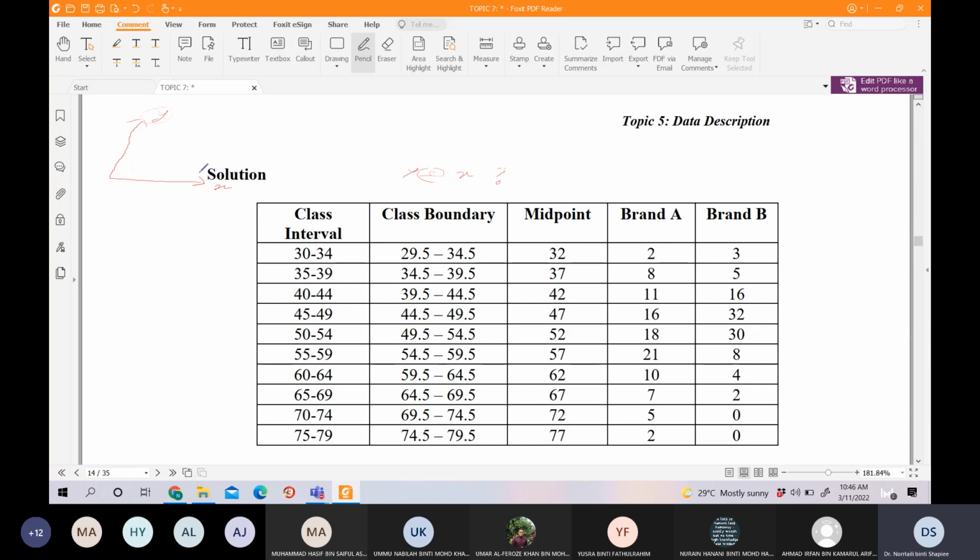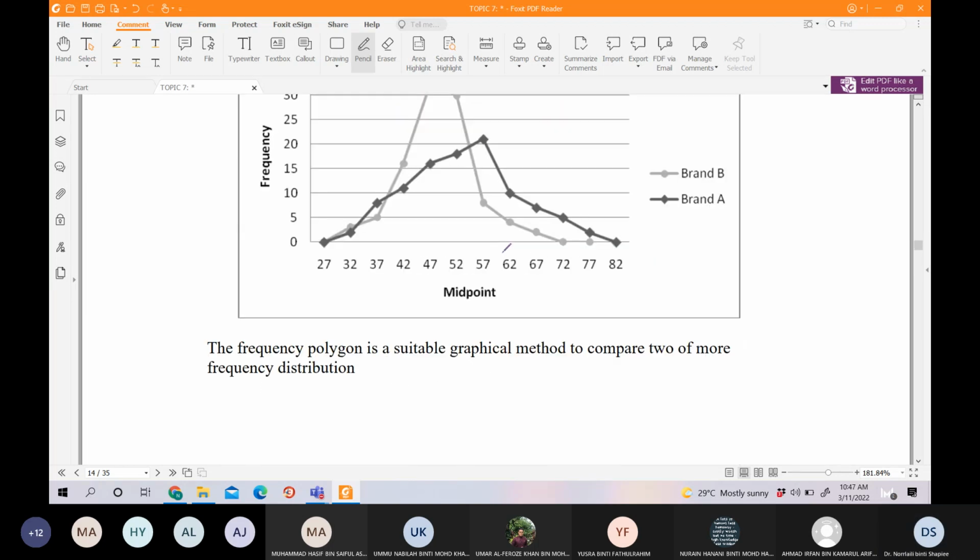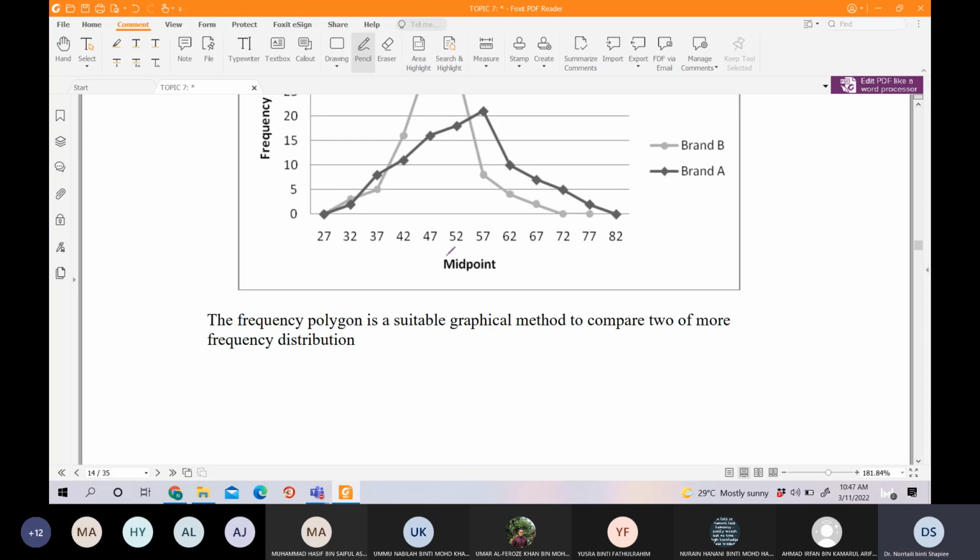Which one is the responding variable and which is the manipulated variable? Because on the x-axis we put the midpoint. Midpoint, where do we get it from? How do you find the midpoint?